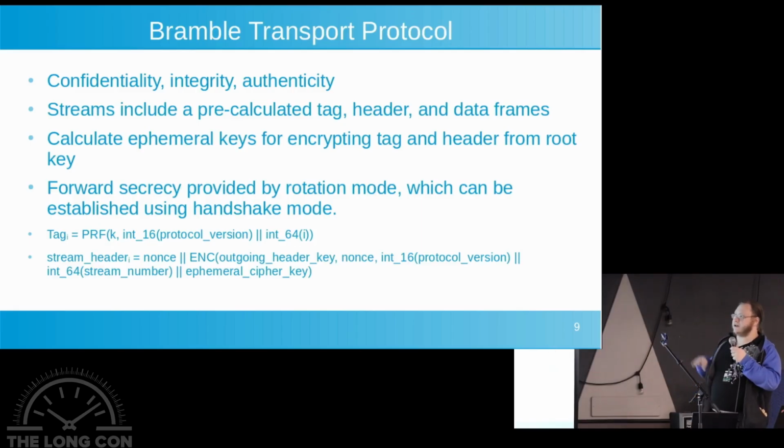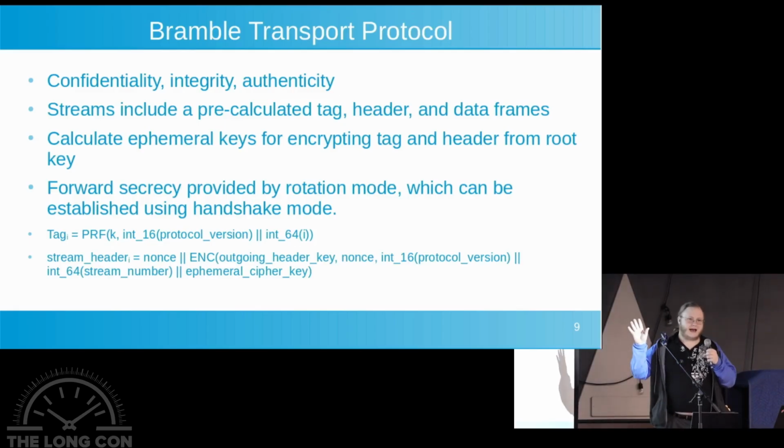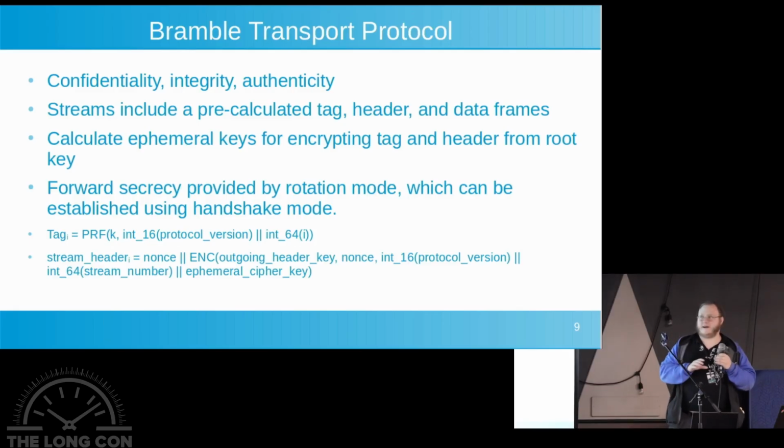The way it provides authenticity is that this protocol communicates in sequences of streams. A stream has a tag and a header and one or more frames behind it. The frames contain the actual data. The tags at the start can be calculated in advance based on the stream number, I believe. It says right there.